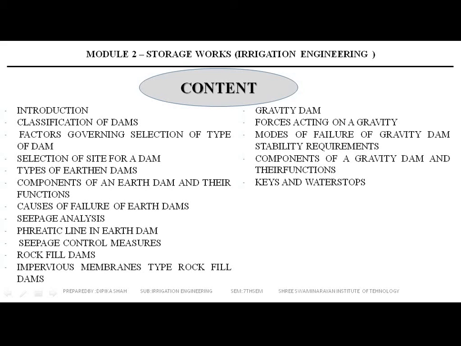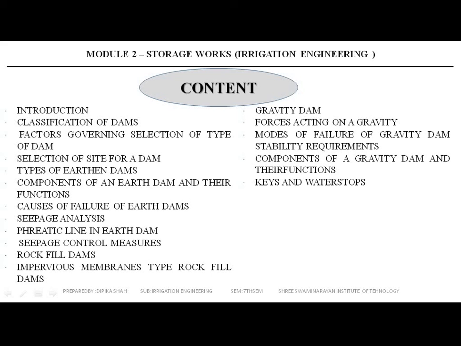In seepage control measures there are two types of measures: embankment seepage control and foundation seepage control, right? In embankment seepage control measures, there will be a provision of a toe filter, horizontal drainage filter, protective filter downstream of the toe, a downstream coarse section, and chimney drain.